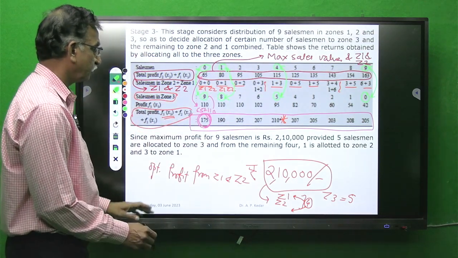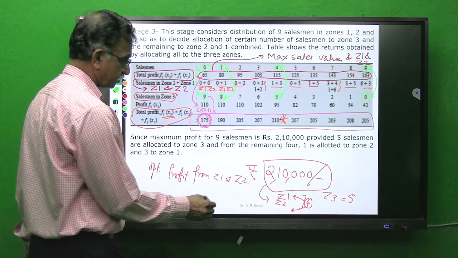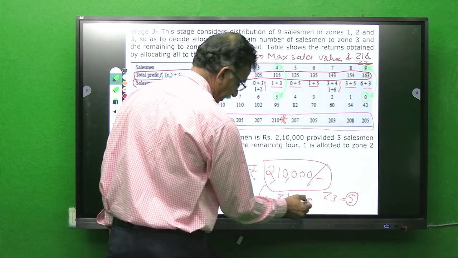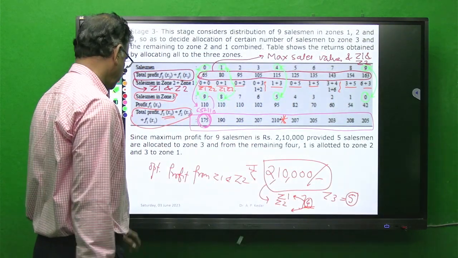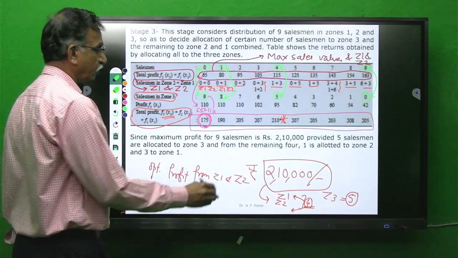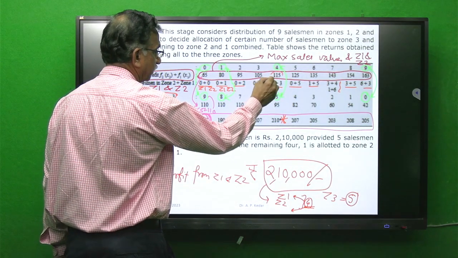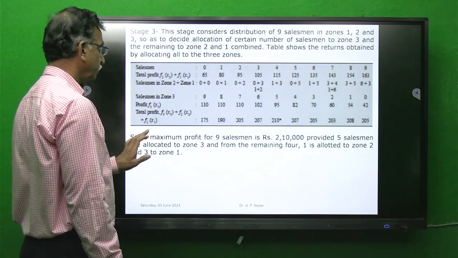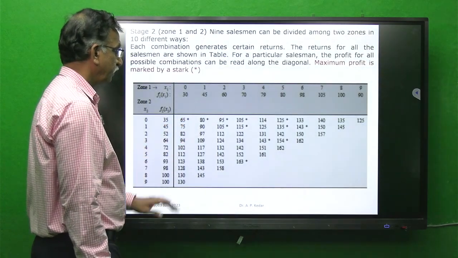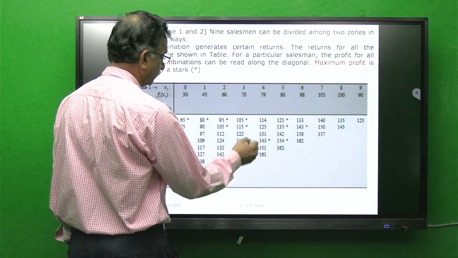So let's go back. Remember this value of 5, and now we will be seeing the division of 4. And for 4 it is 115. So let's move backward. 115 for 4.